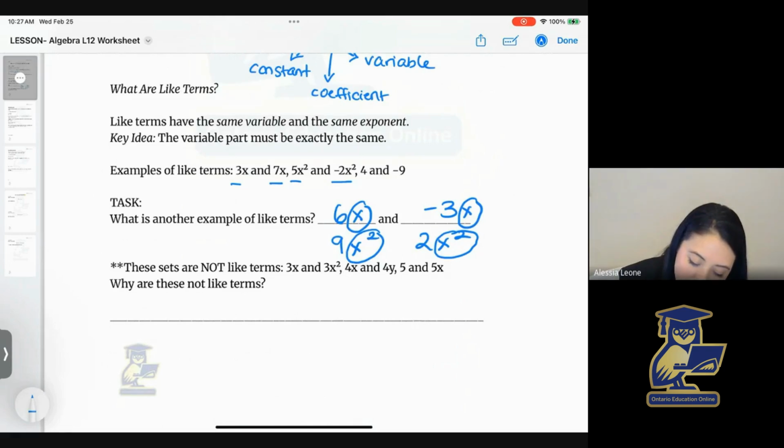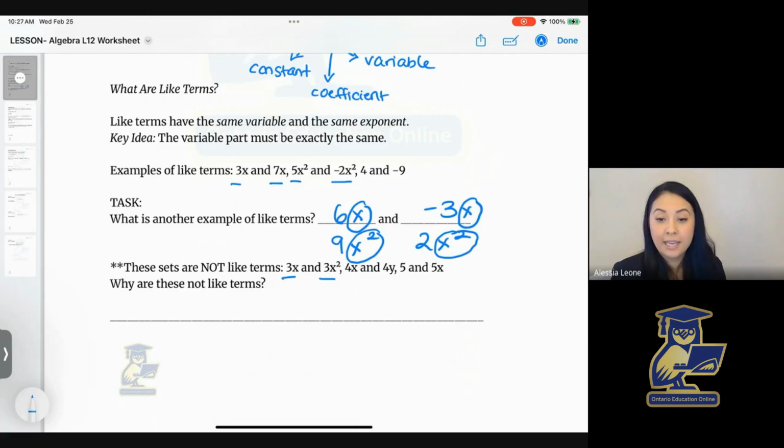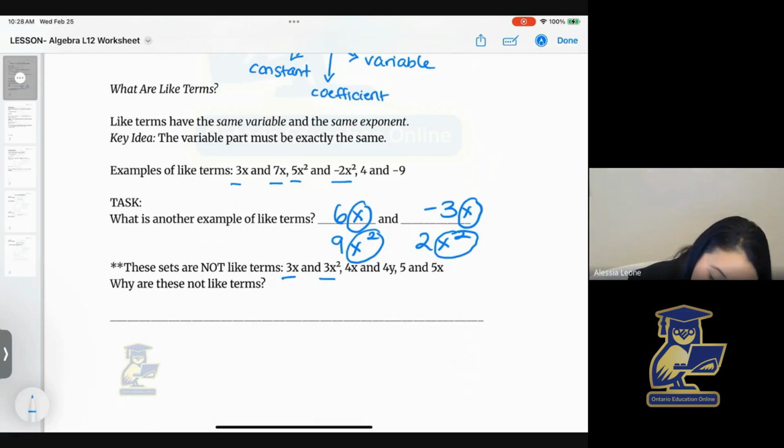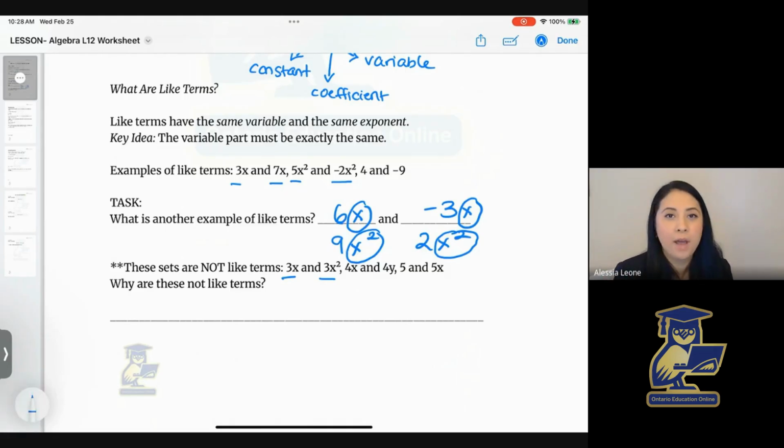Now under here, it's showing us these examples. These sets are not like terms. Why are these not like terms? As you can see here, we have a 3x and a 3x squared. Why are those not like terms? They have different variables. One is an x, one is an x squared. They're not matching, they're not the same, they are not like terms.